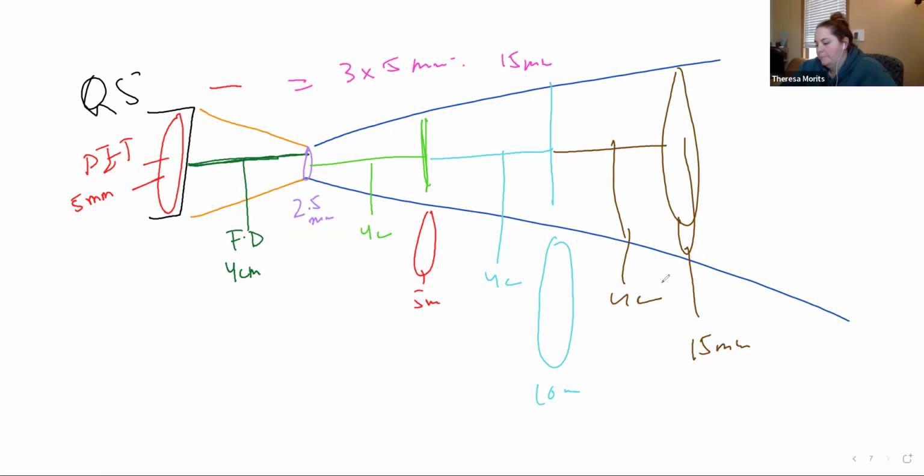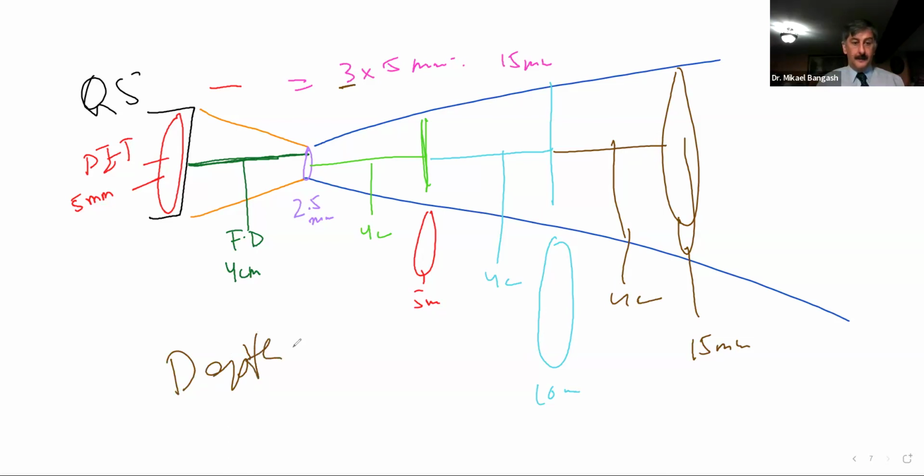But they mainly ask, at what depth is the diameter of the beam going to be 3 times greater than the diameter of the PZT? That's going to be at a depth equal to 4 focal depths: 4 centimeters, 4 centimeters, 4 centimeters, 4 centimeters.